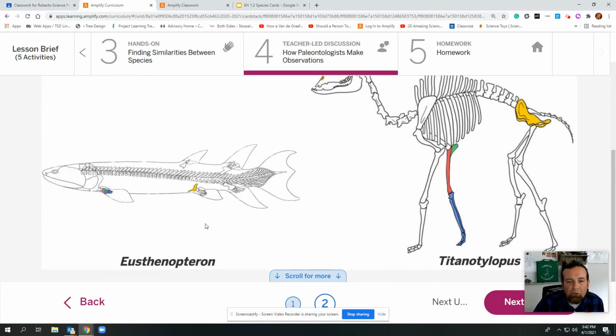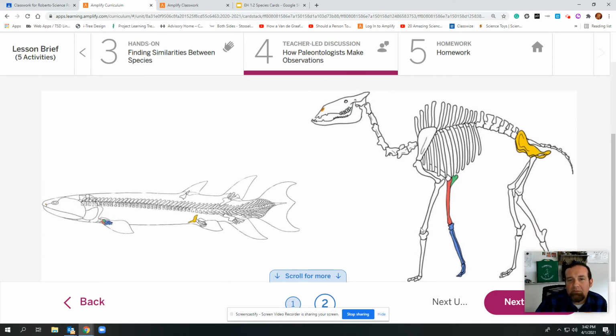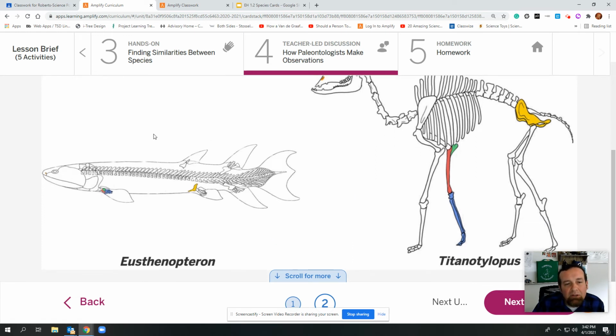And so ideally, as student paleontologists, we should be able to make comparisons between two or more creatures. And in doing so, we can figure out how they evolved or how they changed over time from one creature to another.